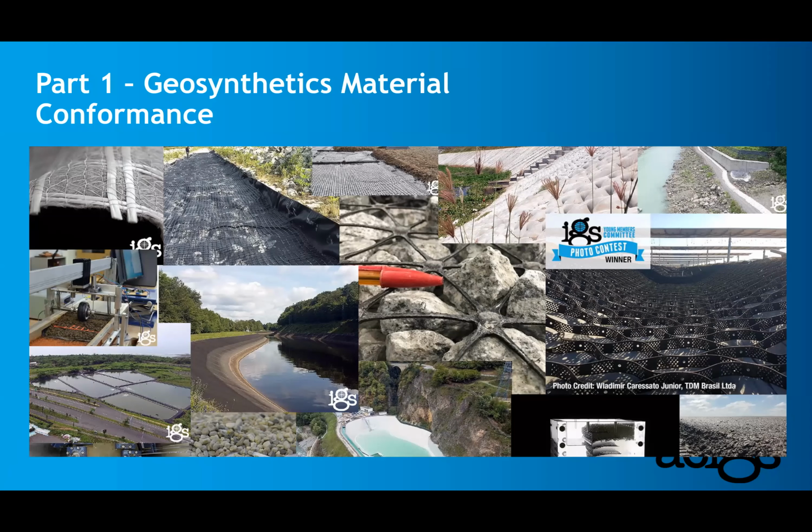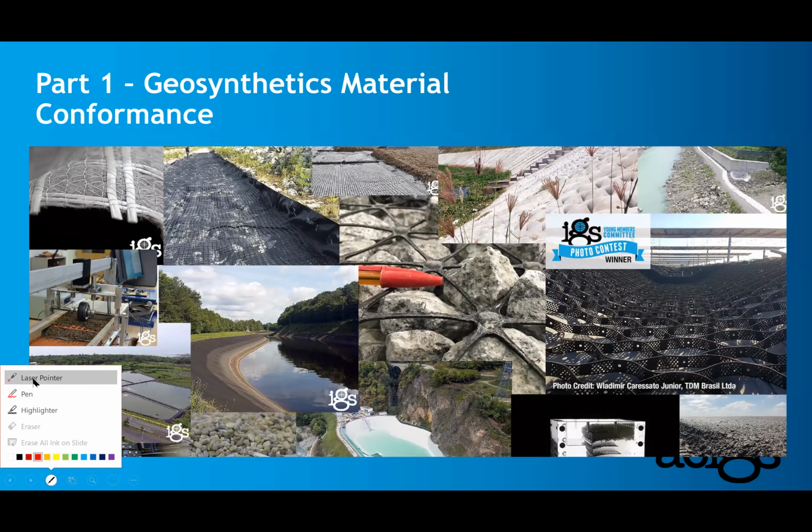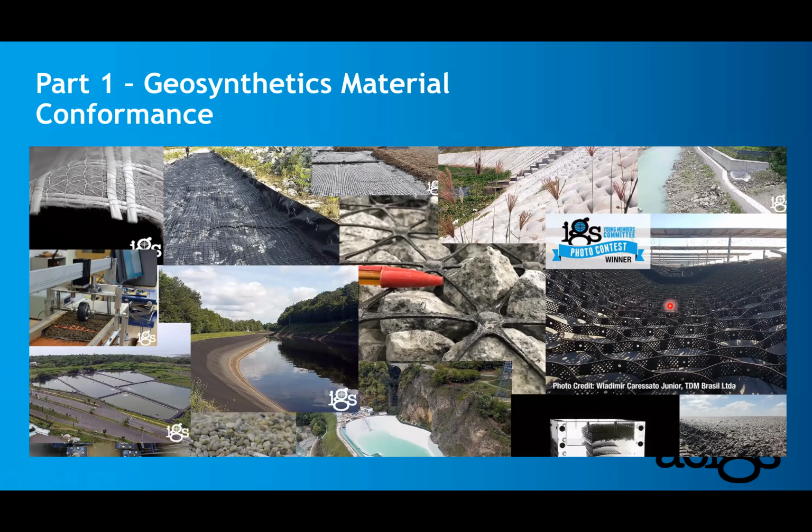Before I start going through the slides, we had the IGS photo competition in 2019, and the slide you see here shows some selected photos from around the world. The winner is on the center right-hand side. This one here was the winner in 2019 of the IGS photo competition.